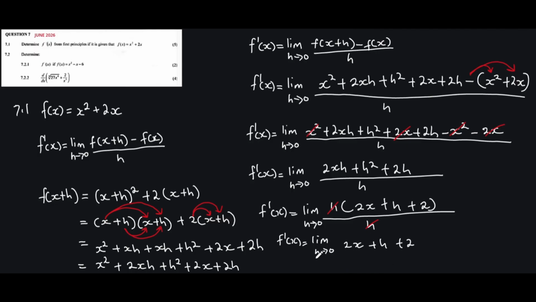Now you can see that your h can approach 0. So therefore, your final answer will be f prime x equals, you remove the limit when you write your final answer, since your h has approached 0 now. So your final answer will be f prime x equals 2x plus 2. So this is your final answer to 7.1. Let's continue.